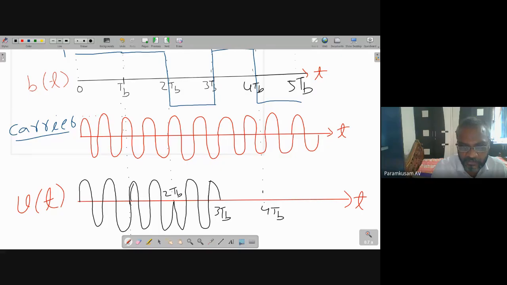Then you will get like this. Okay. Again from 4 TB to 5 TB, the signal is negative. It is minus cos.